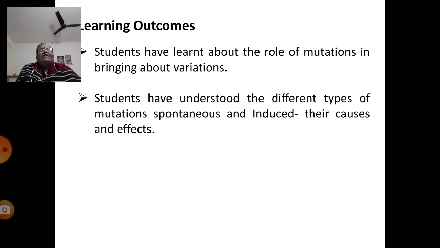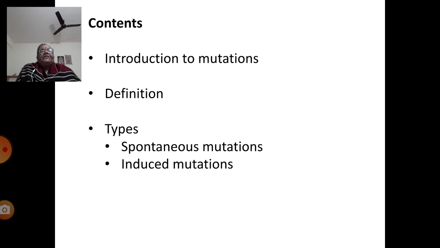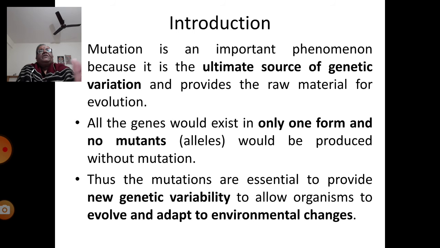So once you are done with your class, you would have learnt about the role of mutations in variations and different types of mutations, spontaneous and induced, their causes and effects. So the lecture includes a brief introduction to mutations, the definition of mutation, and a discourse on the types of mutations, namely spontaneous mutation and induced mutations.